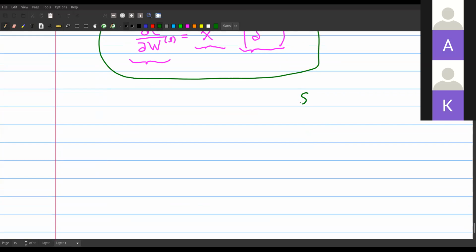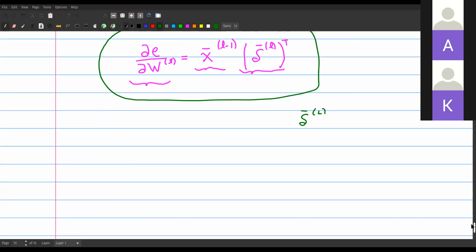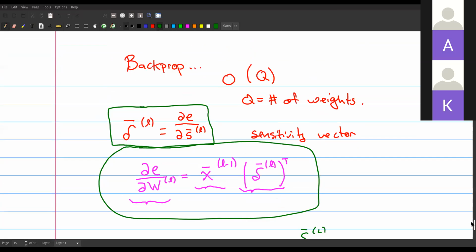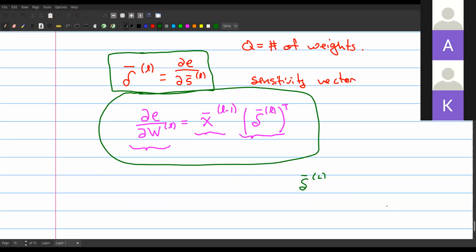If you can figure out what delta L is in the very last layer, which you can do just from the definition, as we will in a second, there's a way to use that to compute delta L minus 1, and you can go all the way back to the sensitivity vector of the very first layer, delta 1.